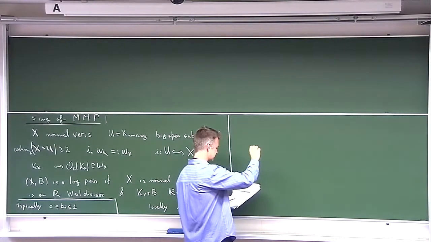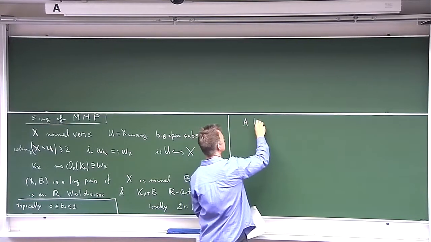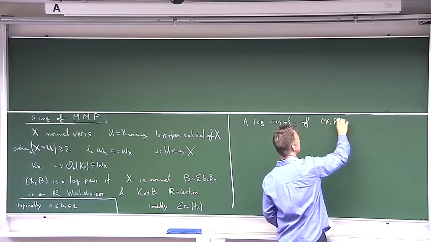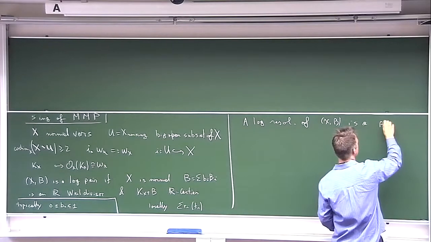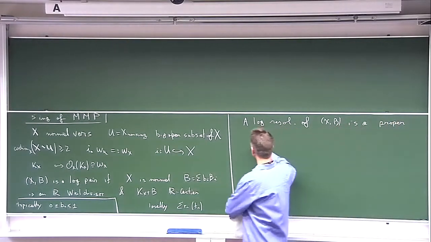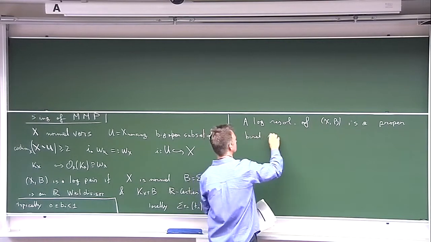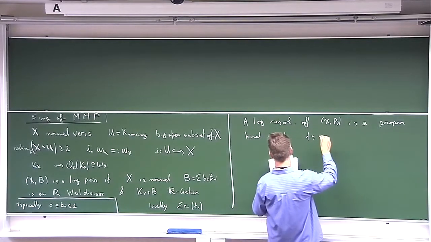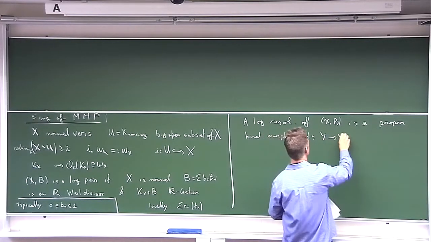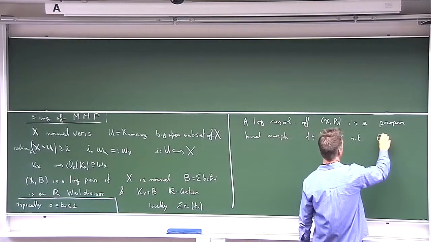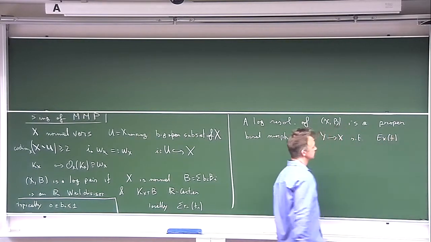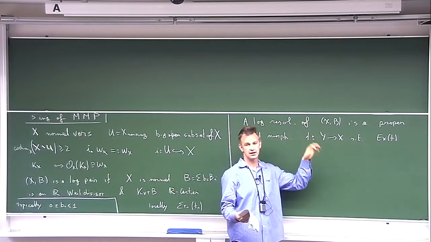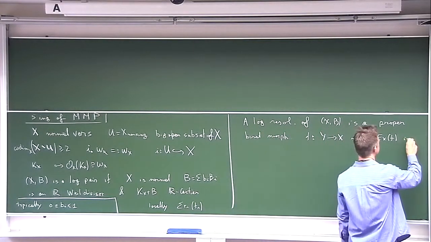This is really over the complex numbers. A log resolution of a pair (X, B) is a proper birational morphism f from, let's say, Y to X, such that, first of all, the exceptional locus of f, the subvariety of Y where f is not an isomorphism, is a divisor.